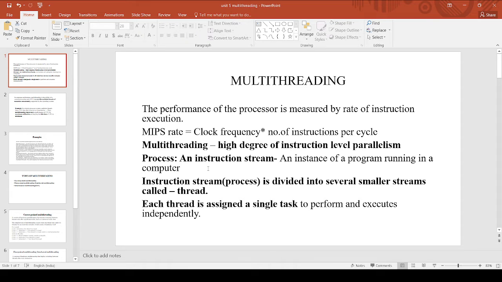So in Microsoft Word, many threads are executed simultaneously to complete the application. Multithreading means multiple independent threads are executed simultaneously by the operating system.